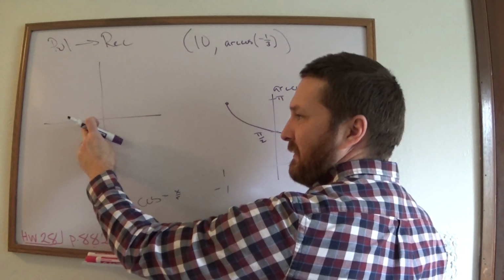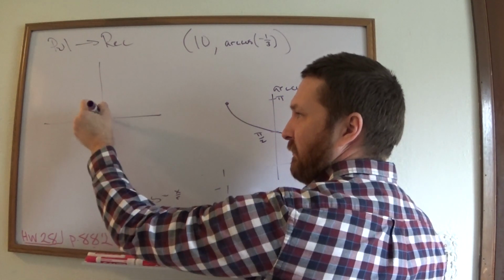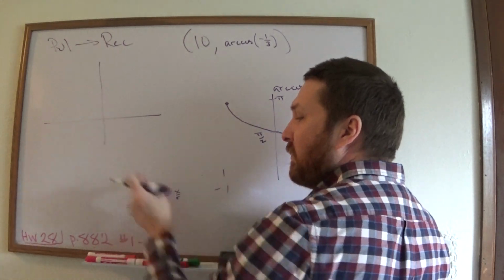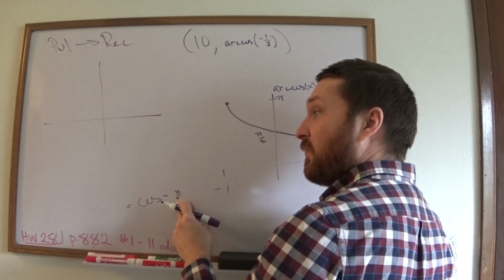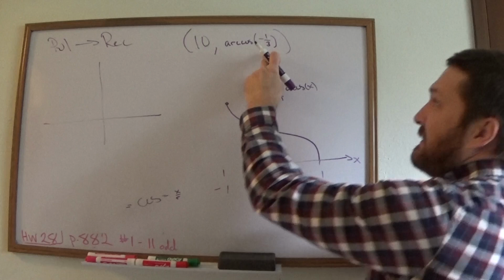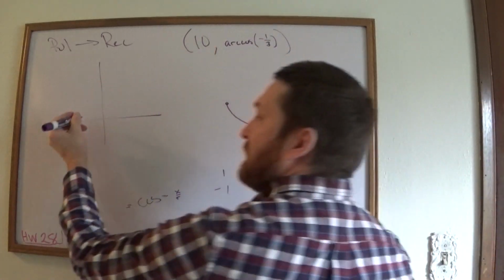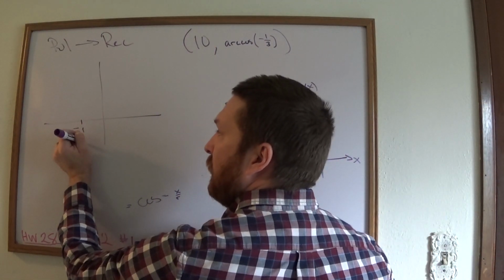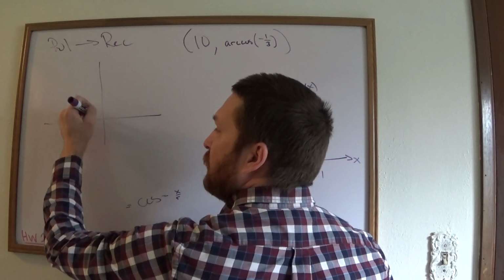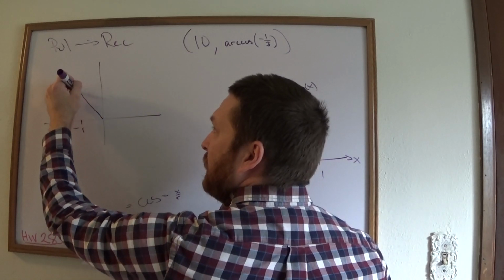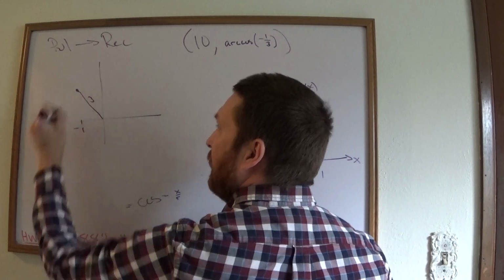Adjacent, yes, is this side when you're measuring your angle from here. Or you could just think about it as your x value over your radius. And if that's the case, then your x value would be here at -1, and your radius would be 3, like that.